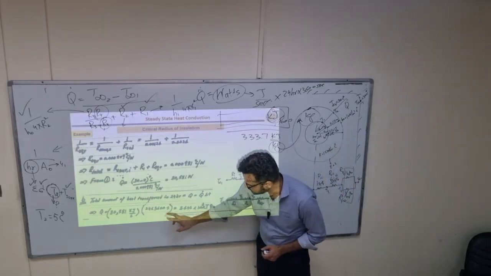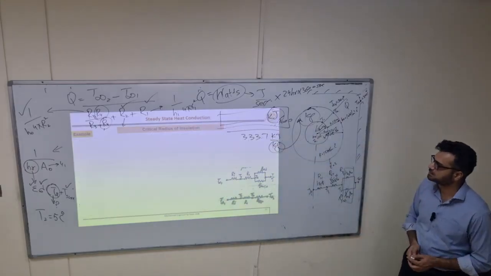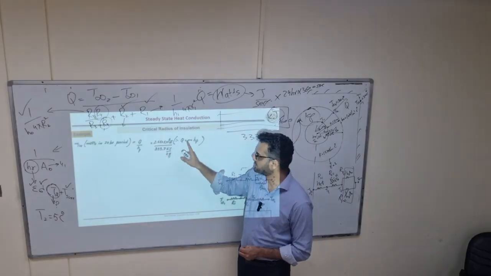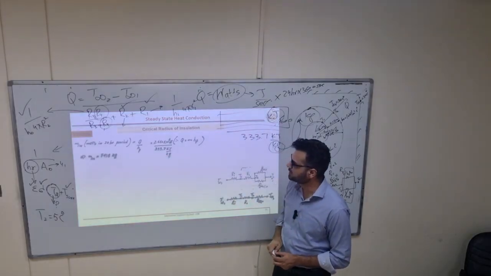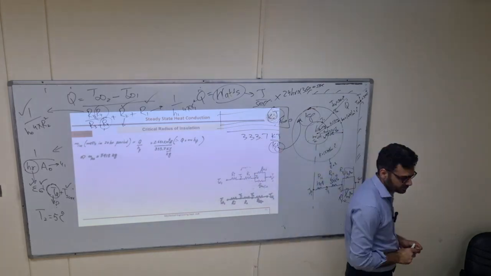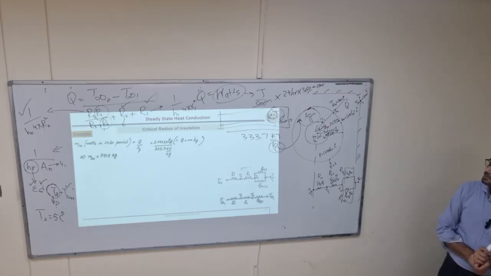It's not written here, so there must be a division by 1000 to get kilojoules. Then you can find how much mass of ice is melted. 7,918 kilograms of ice will melt in 24 hours. So if you want to reduce this ice melt, it should be insulated. You can do the same problem with some insulation, right?